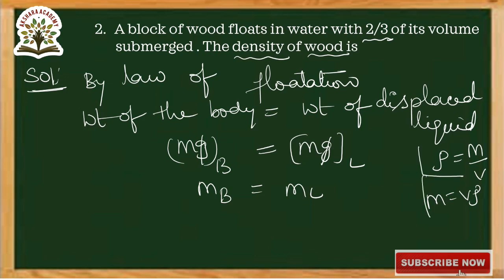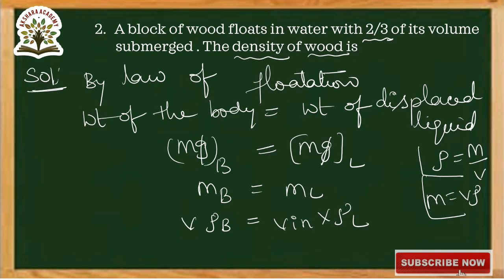So mb equals V into rho b, and ml equals V in into rho L. From the definition of density, mass per unit volume, mass equals volume into density. Density we can represent either by D or rho. So V into rho B equals V in, the volume inside, into rho L, where rho L is the density of liquid.